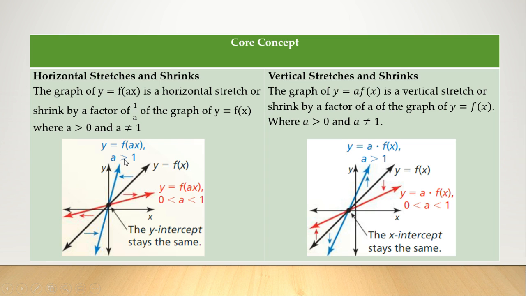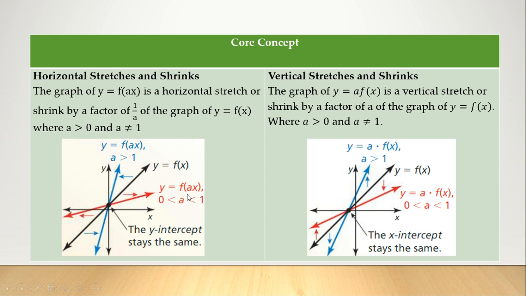Now, another thing to pay attention to, if you are multiplying the input by some number and this number is bigger than 1, that will create your horizontal shrink. It's shrinking inward. Whereas if the number is between 0 and 1, think about a number that's greater than 0 but less than 1. It's probably a fraction, something like 1/2, 3/4.